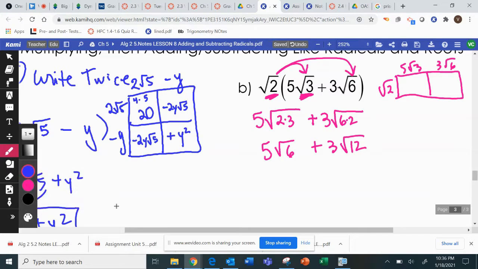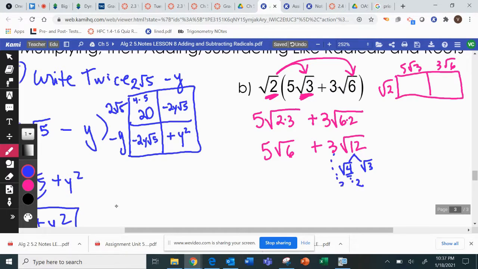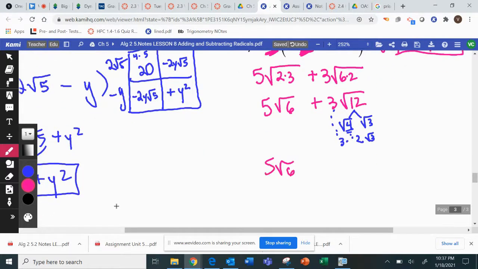But as soon as I see that square root 12, I have to factor out that square root 4, which becomes a 2, and this 3 is in front. So I get a total of 5 square root 6 plus 6 square root 3. These do not have like radicals, so they just stay apart.